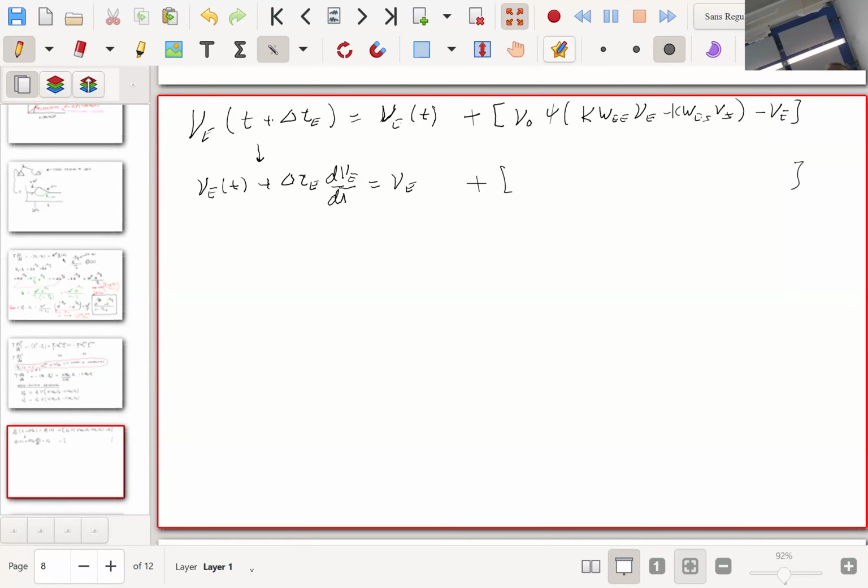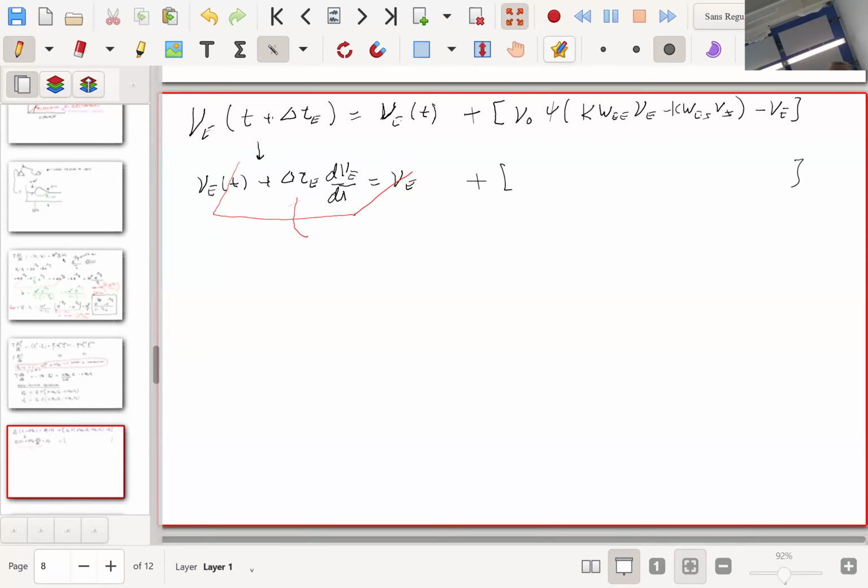And we're going to cancel these terms as before. We're going to give this a new name. We're going to call it tau E, the excitatory time constant.